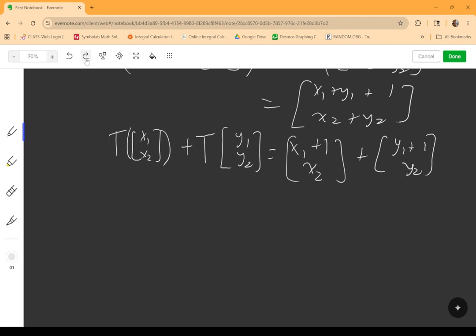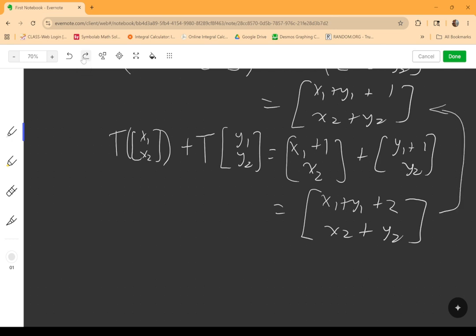And now I'll add the vectors, and you can see here that in doing that, I do not get the same thing here. This vector is not going to be the same as this one. So we do not have a linear transformation. It represents some function and some type of transformation, but it is not linear because it does not satisfy the additivity property.